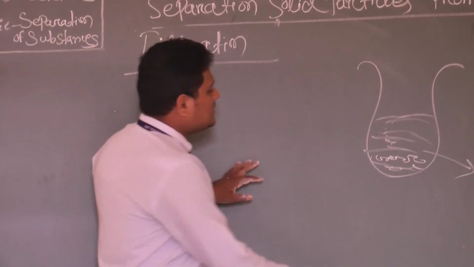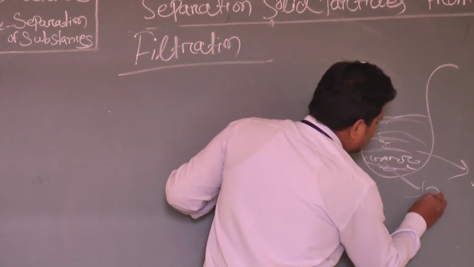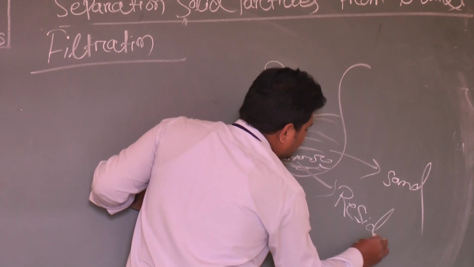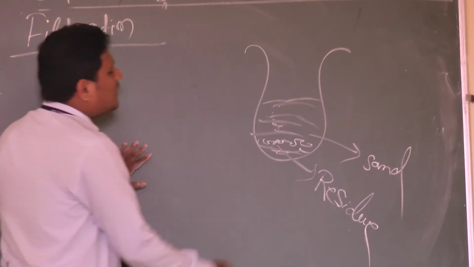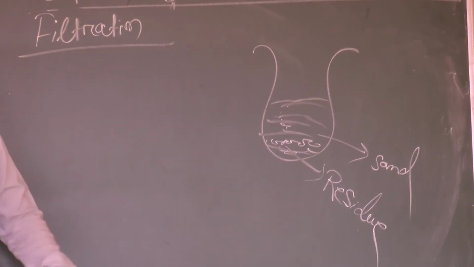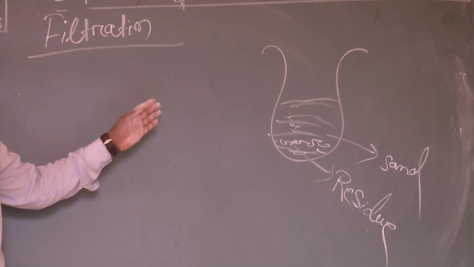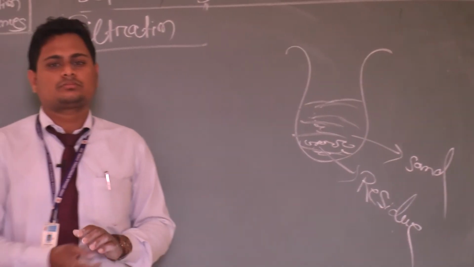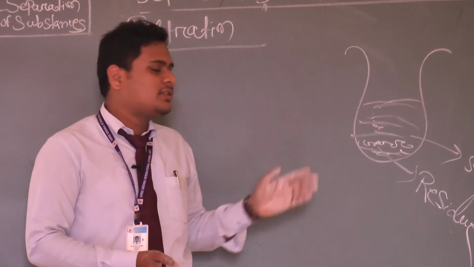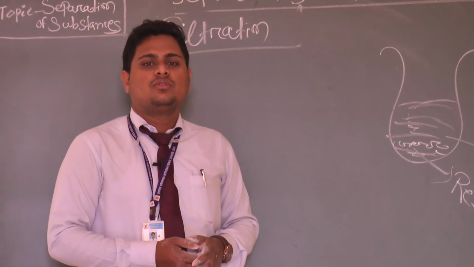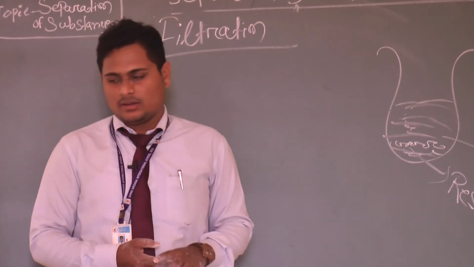This sand is known as residue, and the water is known as filtrate. So these are the processes involved in the separation of solid particles which are not dissolved in water.